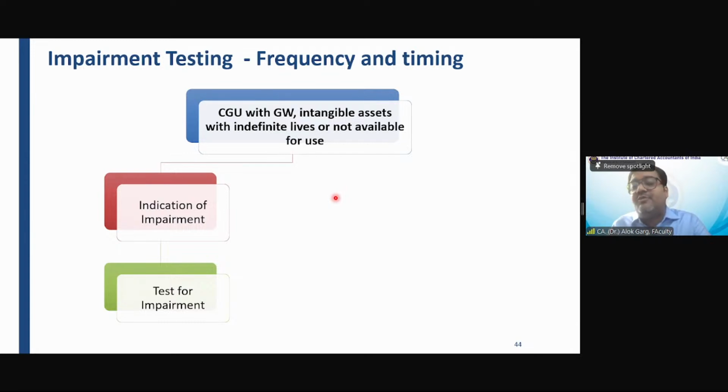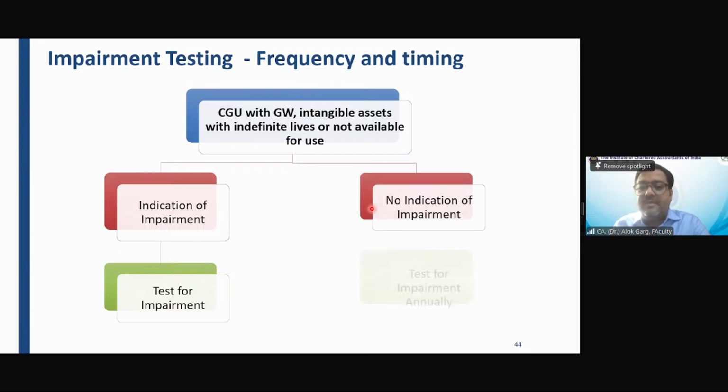You are just required to do the impairment testing. Cash generating unit with goodwill, intangible asset with indefinite life or not yet available for use.